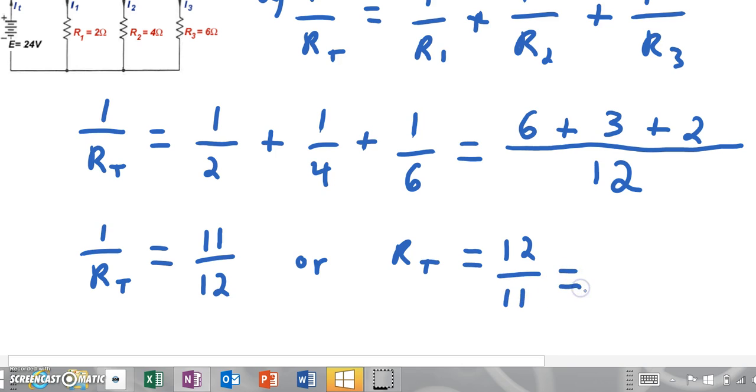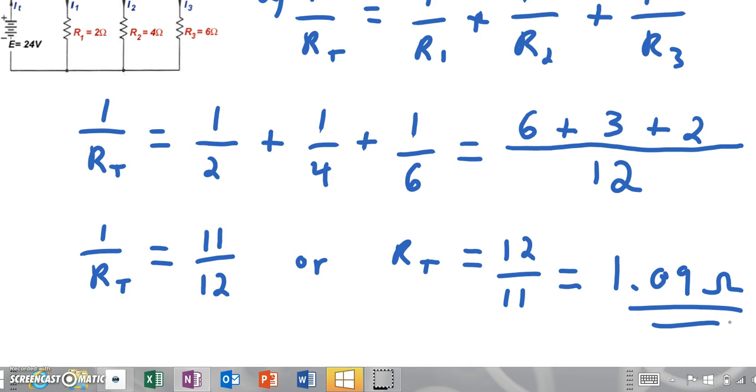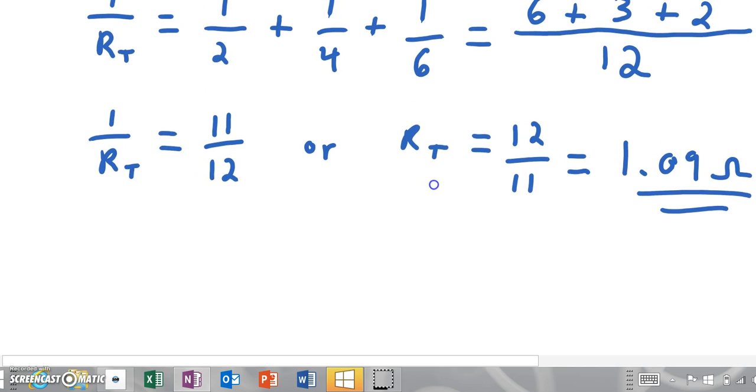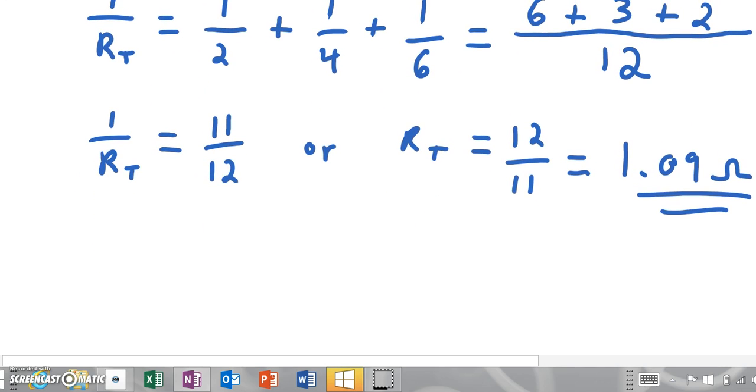And if we divide 12 by 11 in our calculator, we will come up with 1.09 ohms for RT. Now again, there's more than one way to come up with that value. In the notes on page 16, I have shown you 2 different ways that you could come up with the 1.09 ohms.